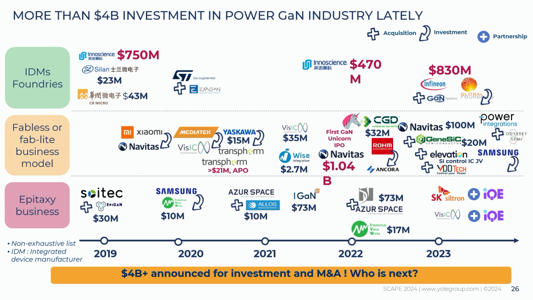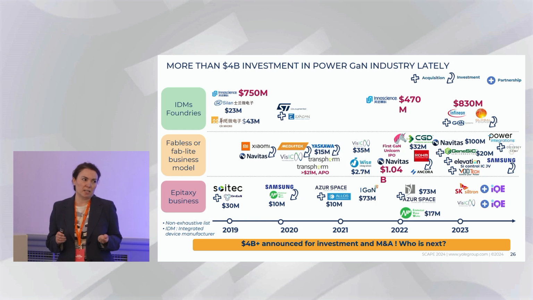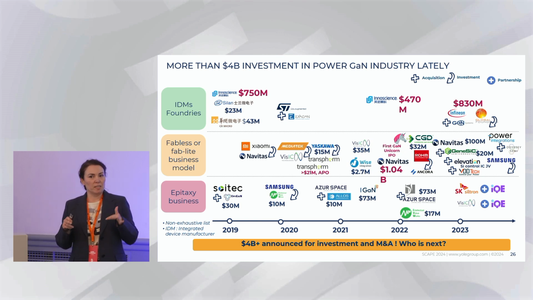So in the latest 3 years, once gallium nitride proved the interest for commercial and consumer applications, so all the chargers, that attracted many more players. They see the potential of the gallium nitride consumer market. So here is a bit of the history of the latest 3 years in terms of acquisitions, investments, and partnerships.